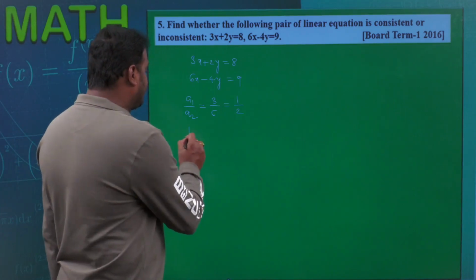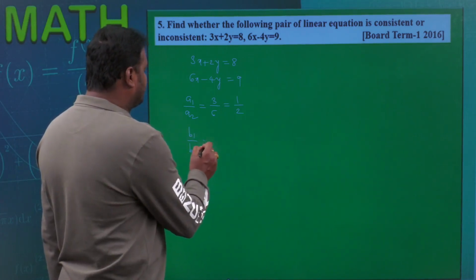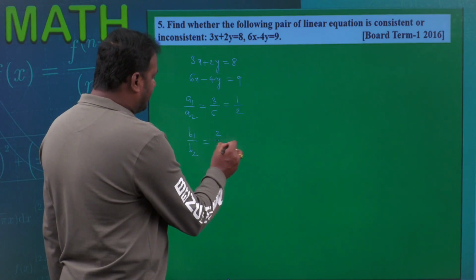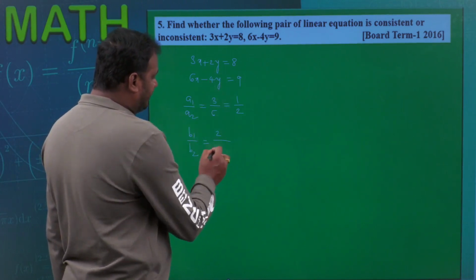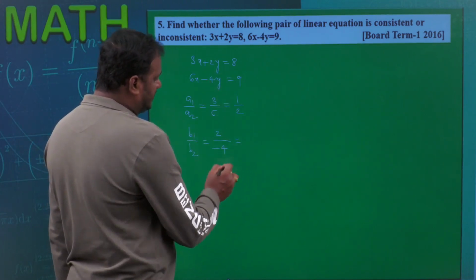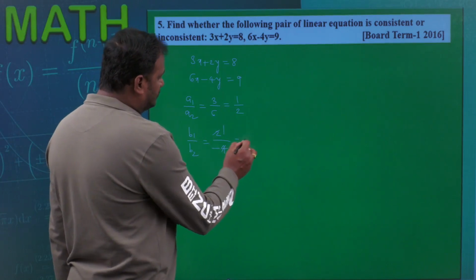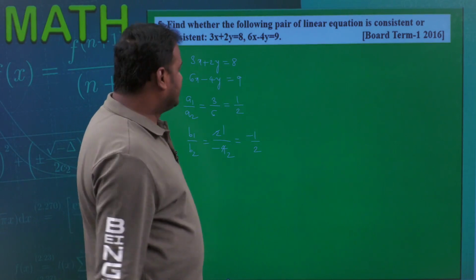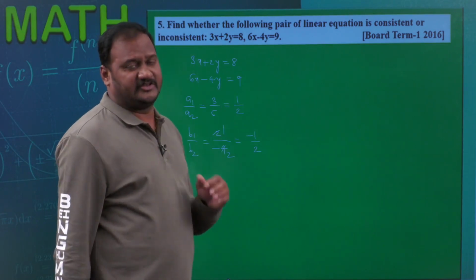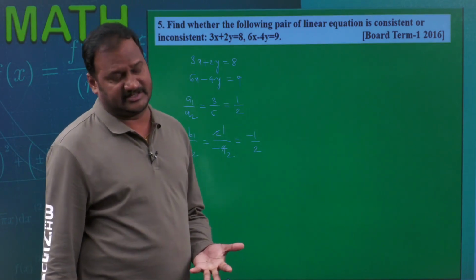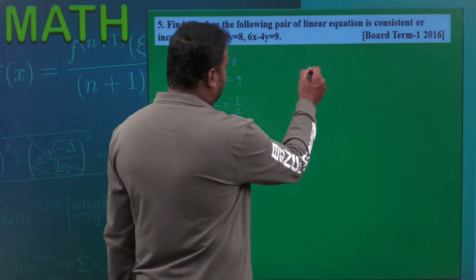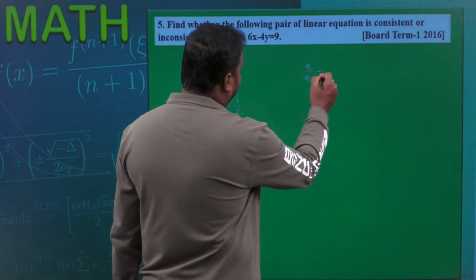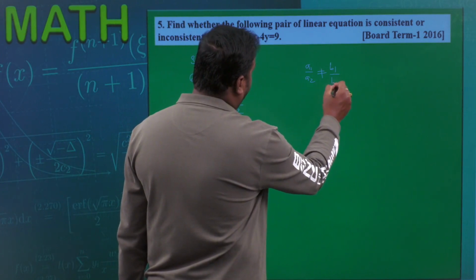And what is B1 by B2? B1 by B2 is equal to 2 divided by minus 4. Be very careful. 2 divided by minus 4, which is equal to, 2 ones are 2 and 2 twos are 4, minus 1 by 2. Are they both the same? Not at all. Since they are not the same, you don't have to find C1 by C2, because here A1 by A2 is not equal to B1 by B2.